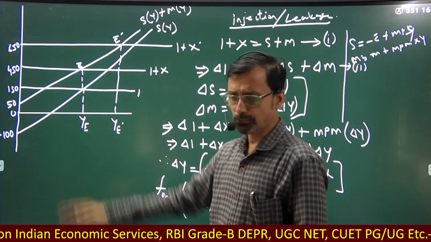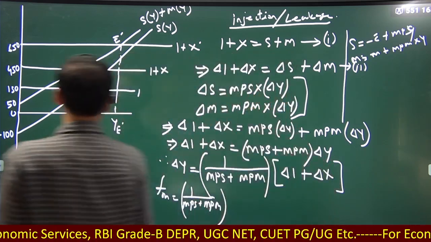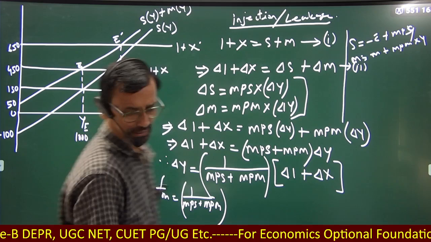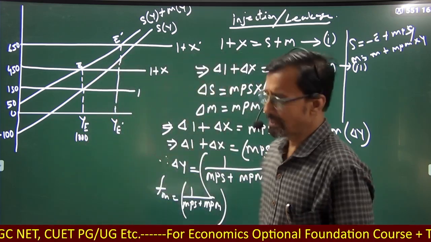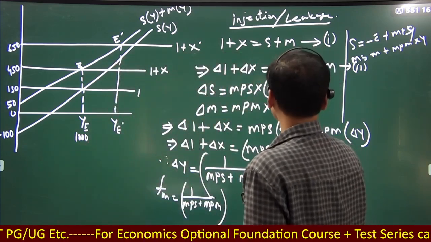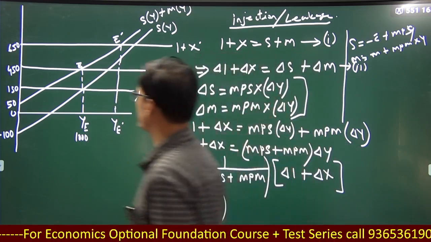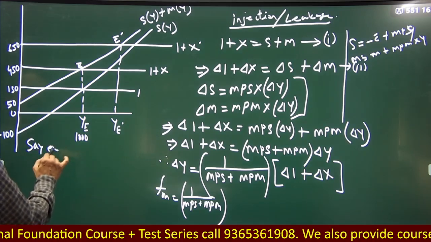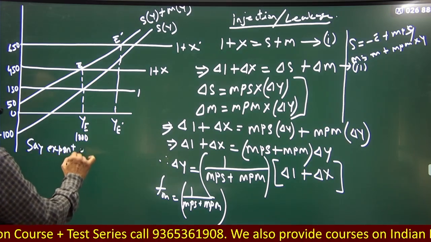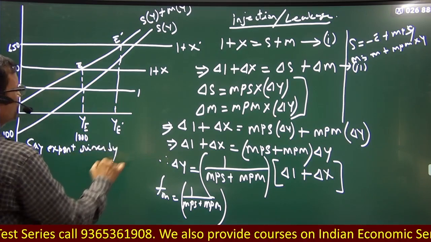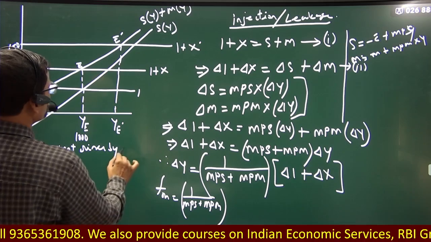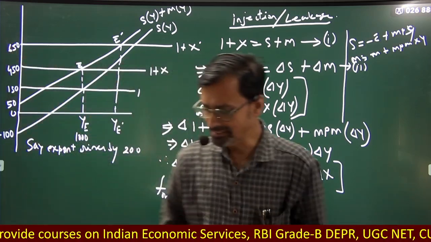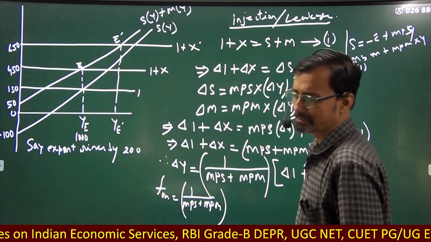Suppose YE is 1000. Now export rises by 200, that is, delta X is 200.